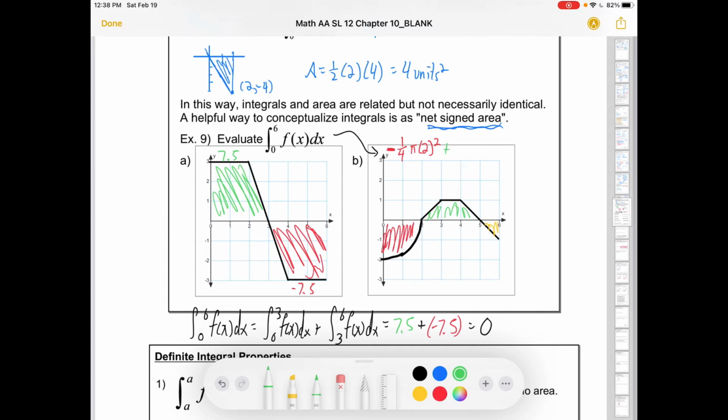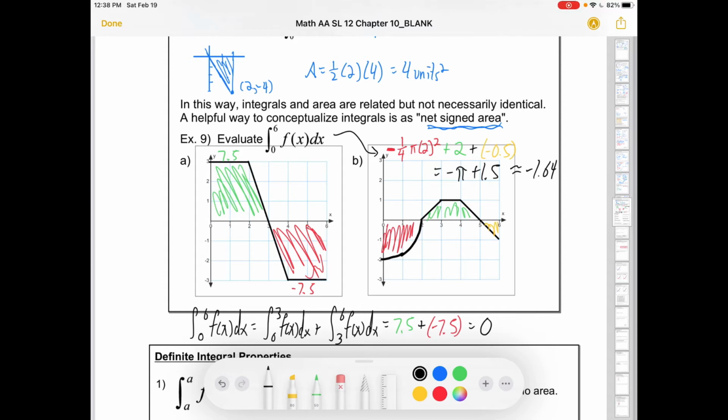We've got 1 full blocky and 2 halves, so that is 2 blocks above. And then finally, I've got a negative half here. So put that all together, that's going to give you negative pi plus 1.5, okay, which you could also find as a decimal as negative 1.64, I think.